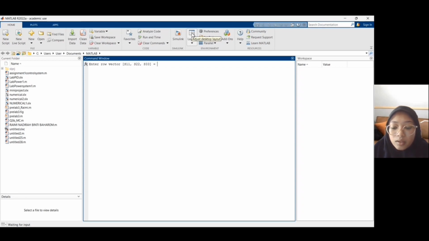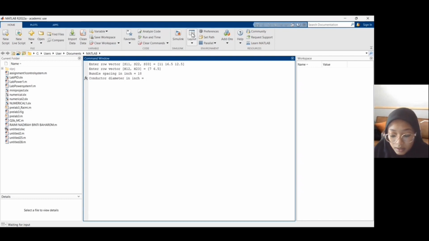So S11 is 11, 16.5 and 12.5, and enter. Then we need to enter the H12 and H23, which is 7 and 6.5. Enter.